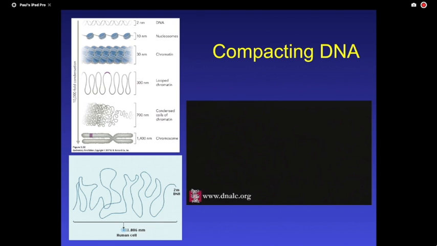Not only that, we also have to split it apart into its two strands so that we can use it. If it's all tightly wound all the time, we would never be able to get to the genetic information. But if it was totally unwound all the time, it would take up way too much space. And so there is a balance between what is accessible, what is not accessible, and how it's compacted.